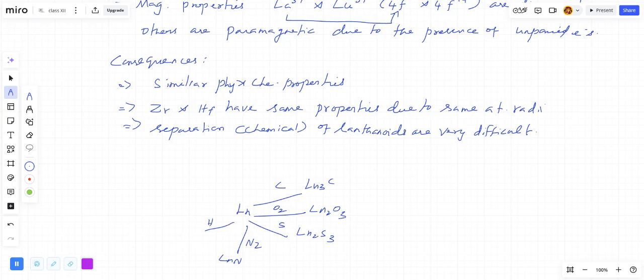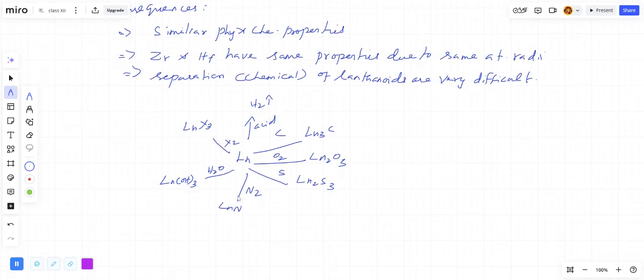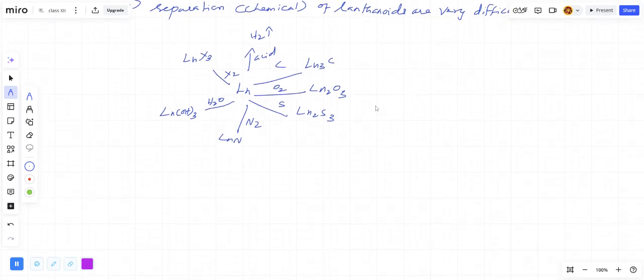With water it forms a hydroxide, Ln(OH)3, and with halogens it forms LnX3. With acid it forms a salt with the liberation of hydrogen gas. So these are its chemical properties.